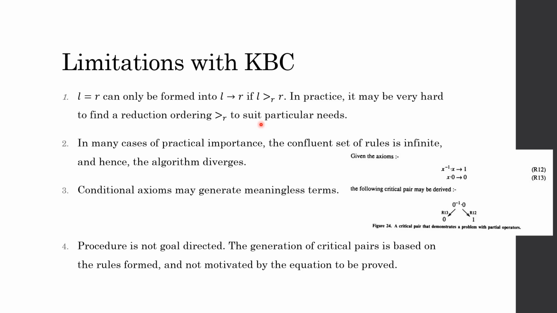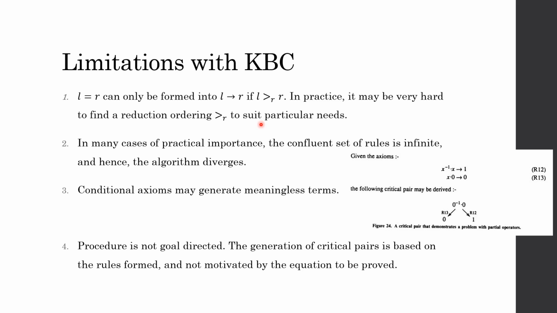In many cases of practical importance, the confluent set of rules is infinite, and hence the algorithm diverges. This is one of the major problems, because if it is infinite, the algorithm will keep on diverging, and we do not have a complete or full decision procedure.